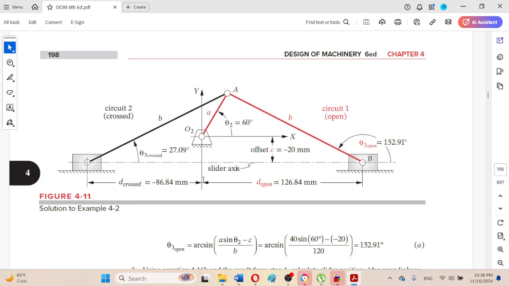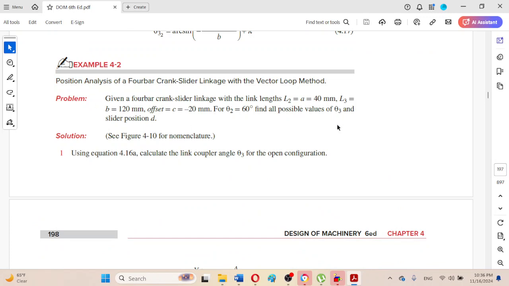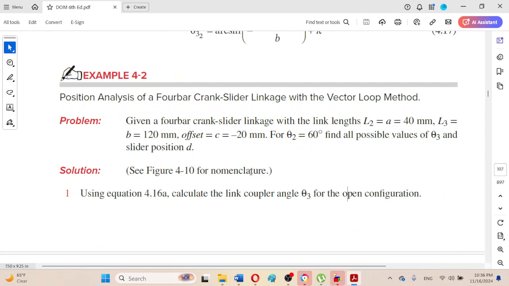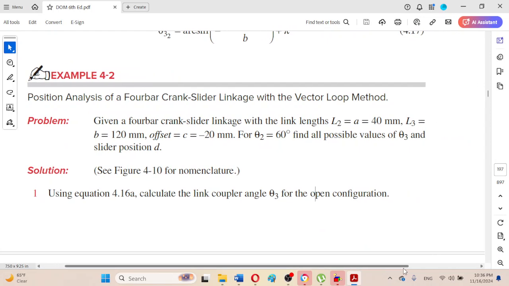So this is just an explanation for the position analysis. So the data is given here for the position analysis, and now we can move to chapter number 6.